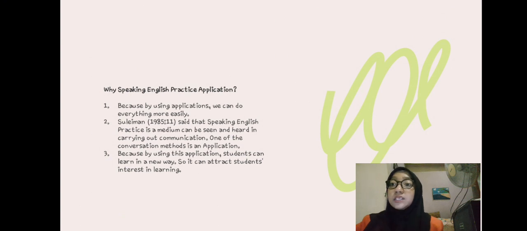One of the conversation methods is an application. And number 3, because by using this application, students can learn in a new way, so it can attract student interest in learning.